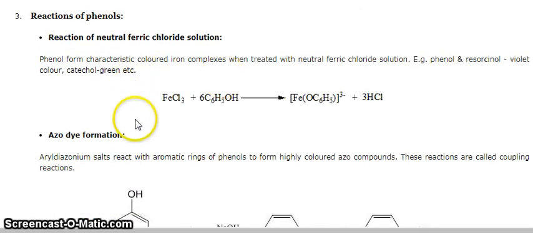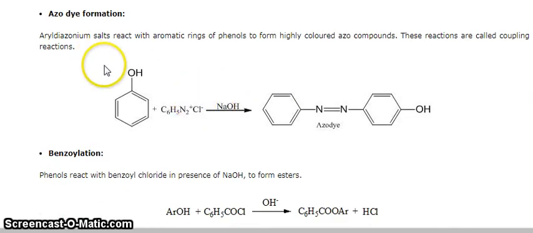Now friends, reactions of phenol. Reaction with ferric chloride solution. Phenol forms characteristic colored iron complexes when treated with ferric chloride solution. Example, phenol and resorcinol give violet color, catechol gives green. So this phenol reacts with ferric chloride forming these compounds. Azo dye formation.